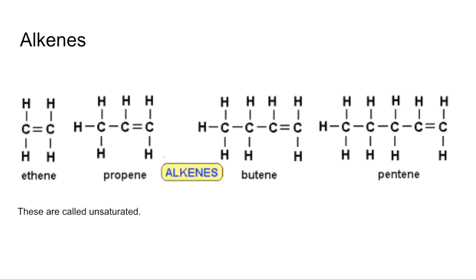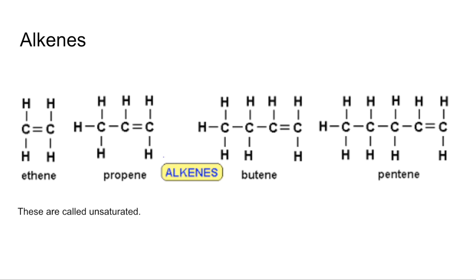We've got the alkenes. We will see how they bond together. There's a difference here. You might note that they have some double bonds between the carbons. Carbons can do that. They've got more than one valence electron, so they can make double bonds with each other. That's going to affect how many hydrogens there are connected to these molecules.